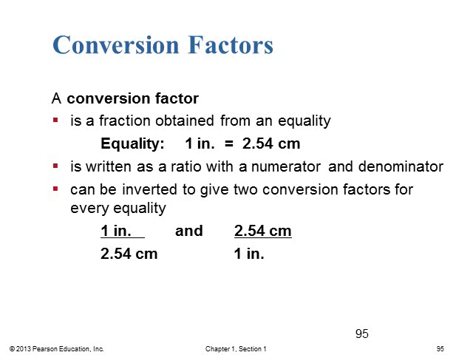If we put that into a ratio of 1 inch over 2.54 centimeters, or the reverse, 2.54 centimeters over 1 inch, since they are equivalent, that fraction is essentially 1.